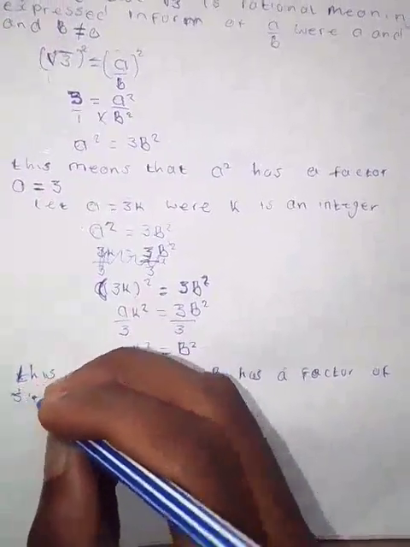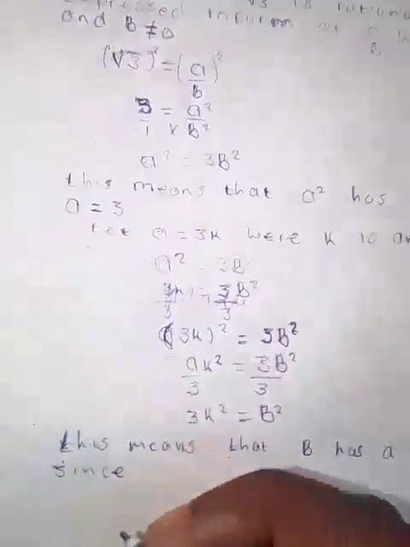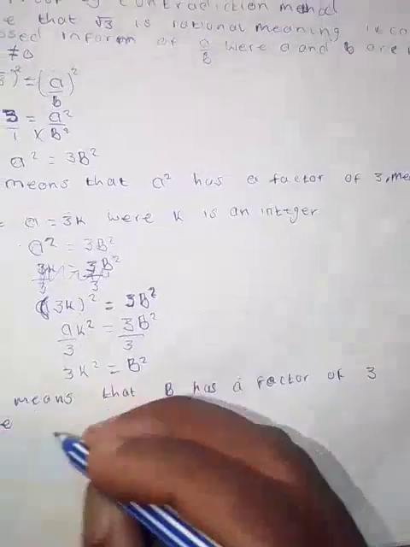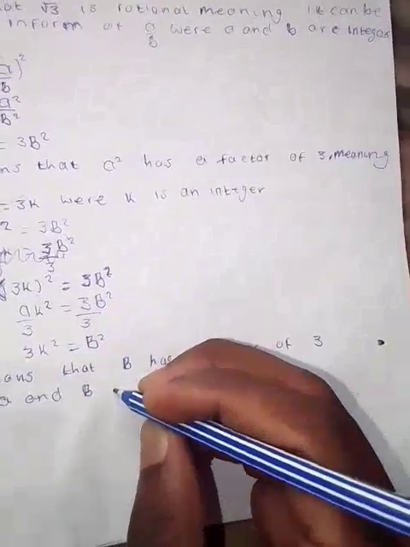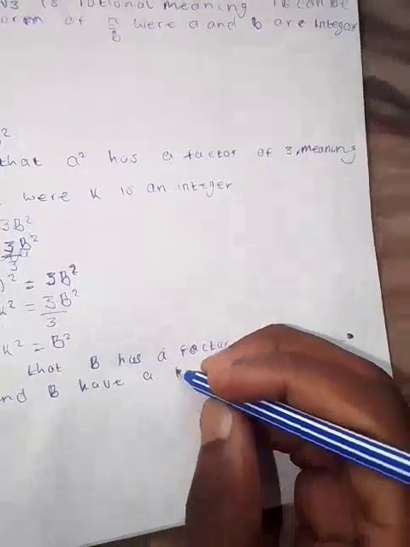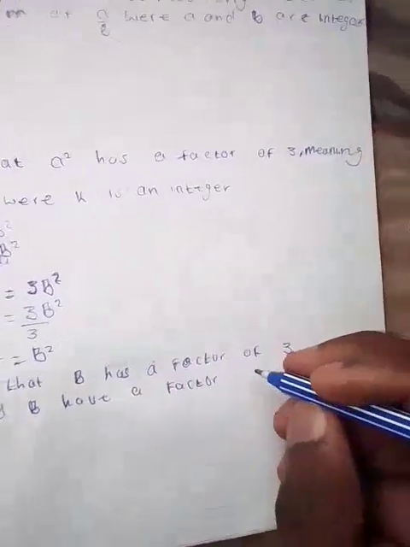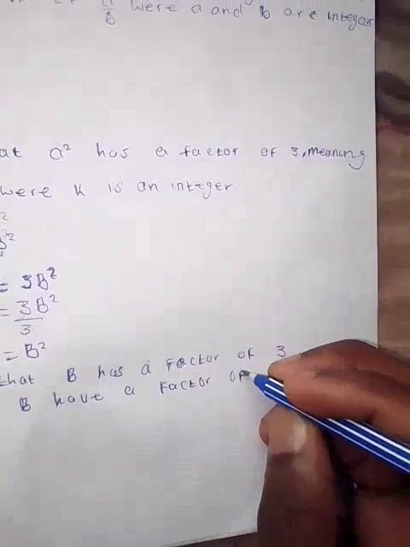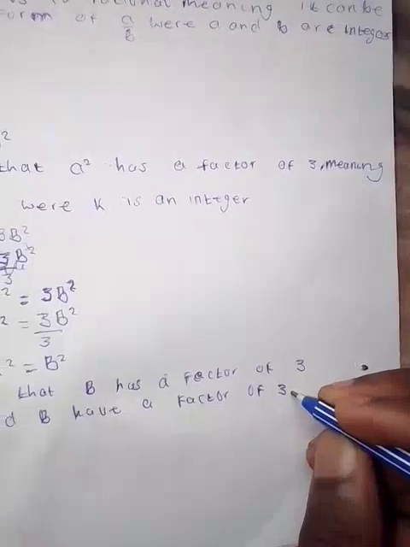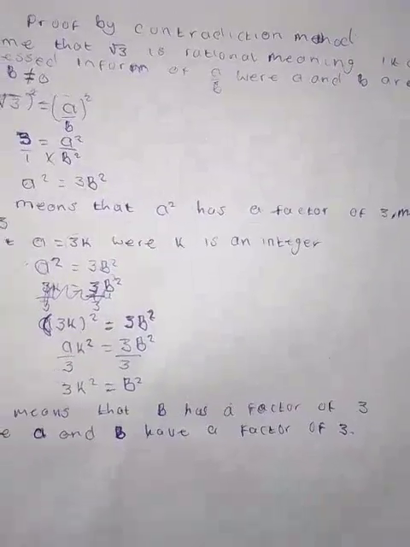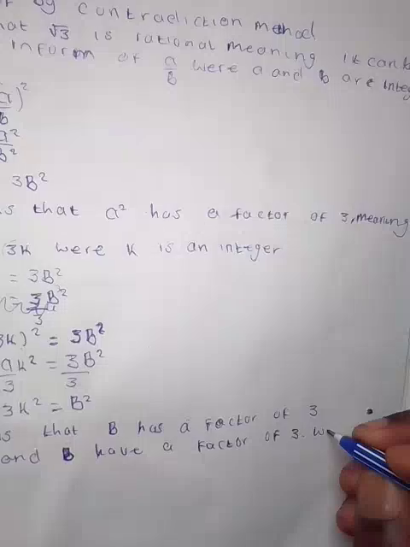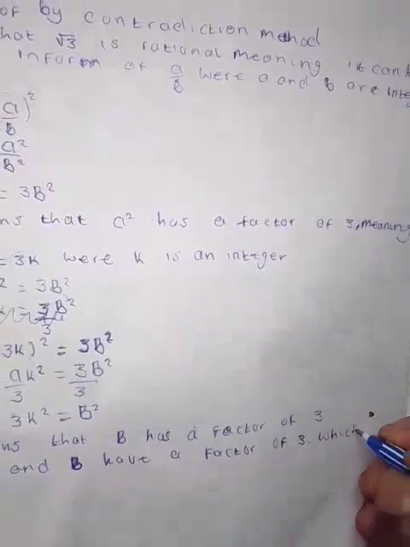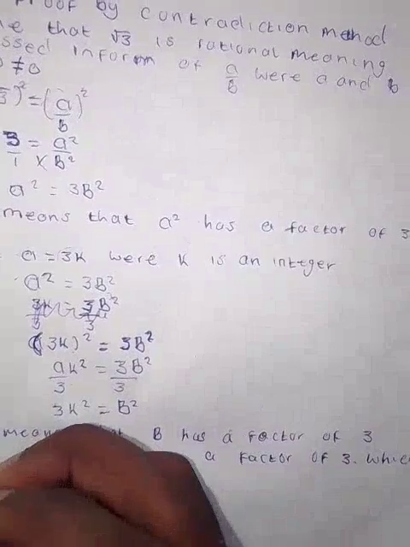Then you say that since a and b have a factor of 3, it means the following.